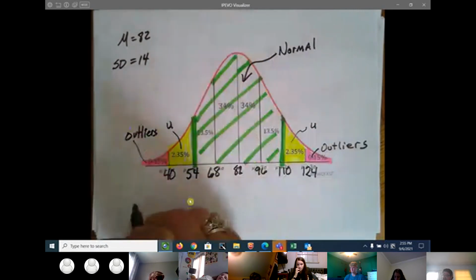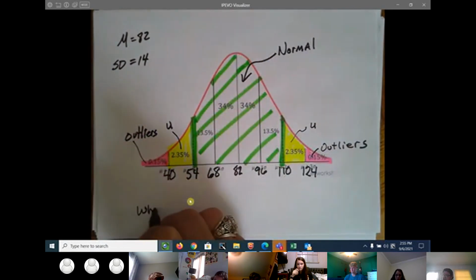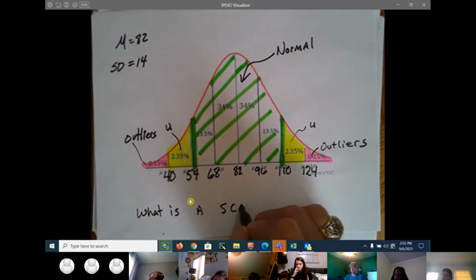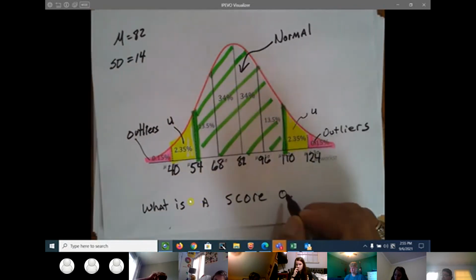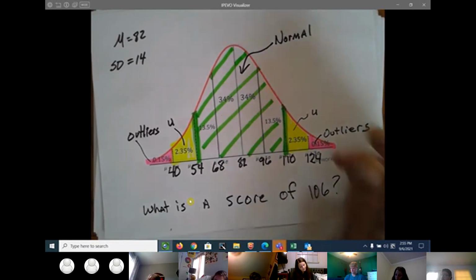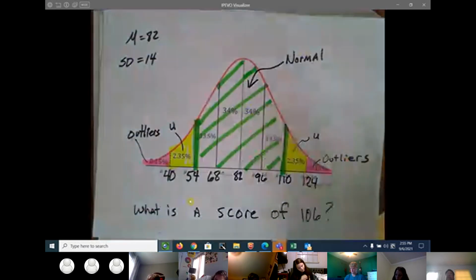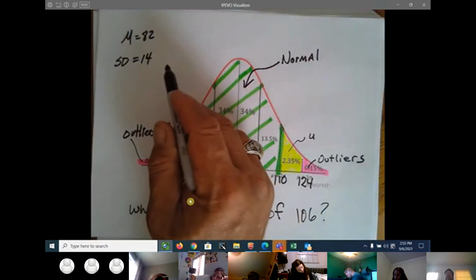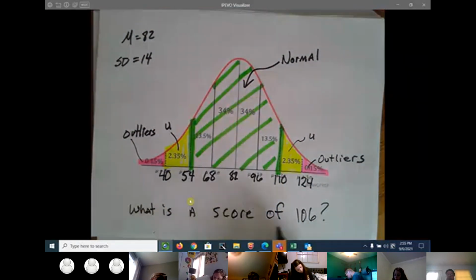And then it asks, what is a score of 106? And that's the type of test question you're going to get. Find the mean and the standard deviation, and then it's going to say, what is a score of 106? Normal, unusual, or an outlier?